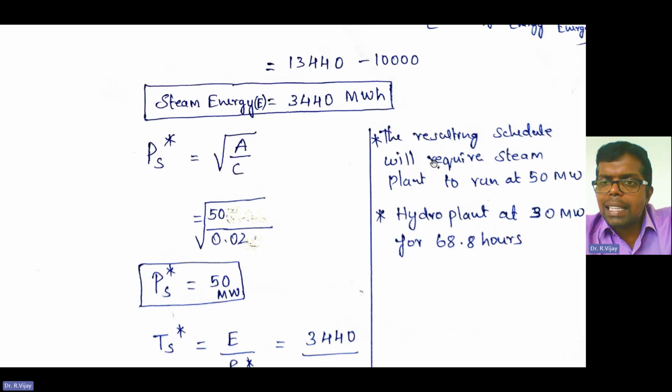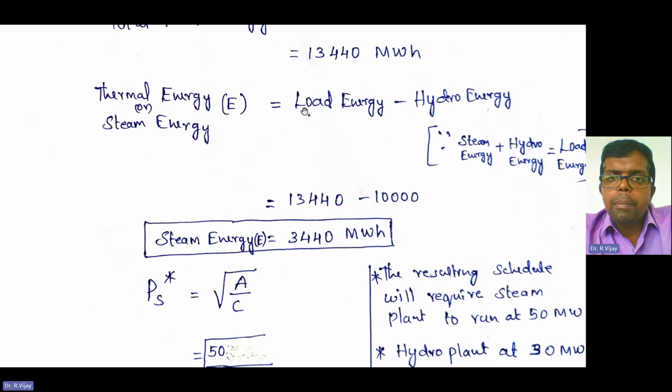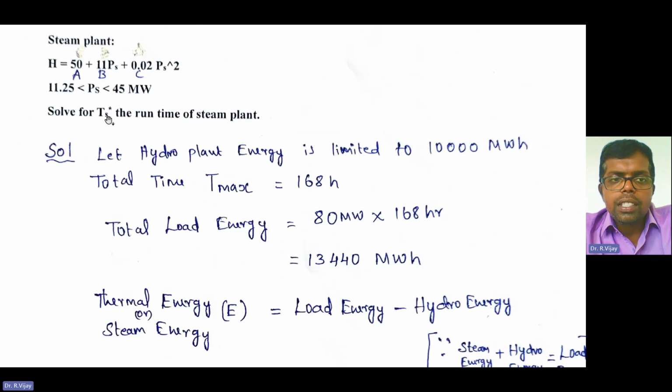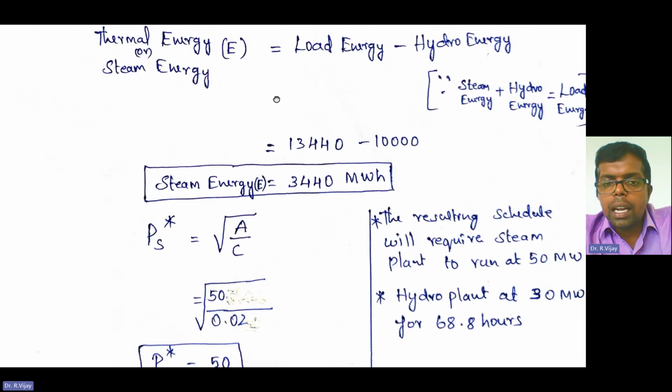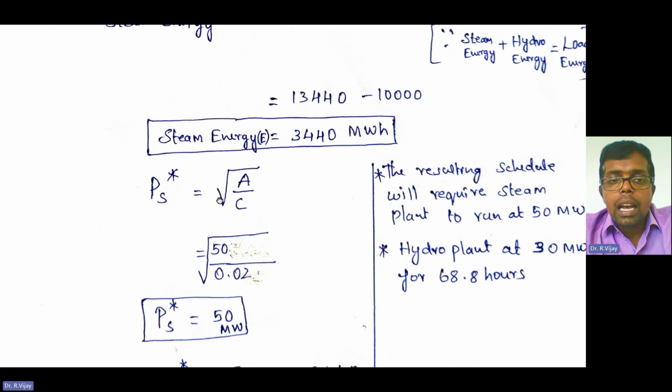This is not asked in the problem, but even though, you should know, sometimes in the problem they may change this data and they may ask, instead of TS star, what is the scheduling time, or what is the optimal power generated from the steam power plant and hydro power plant. So the optimal power generated from the steam power plant is 50 megawatt, and obviously from the hydro power plant it is 30 megawatt only, because the total demand is 80 megawatt.